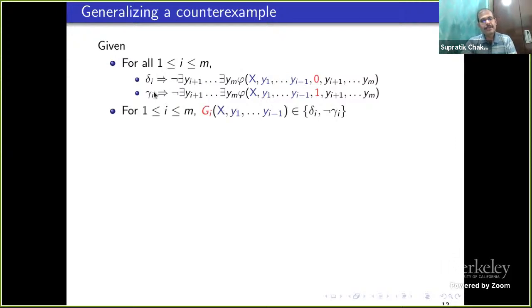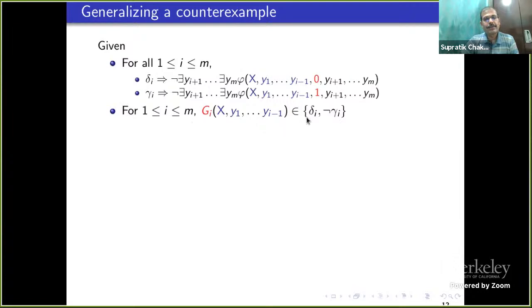It turns out that the guessed Skolem functions were really the delta i's and the negation gamma i's. Remember, we said that these guessed Skolem functions were just the one output specification case, where you either set that output to 1 and take the formula as is, which is the negation gamma i, which is quantified, or you set the output to 0 and negate the specification, which is setting the output to 0 and taking delta i.